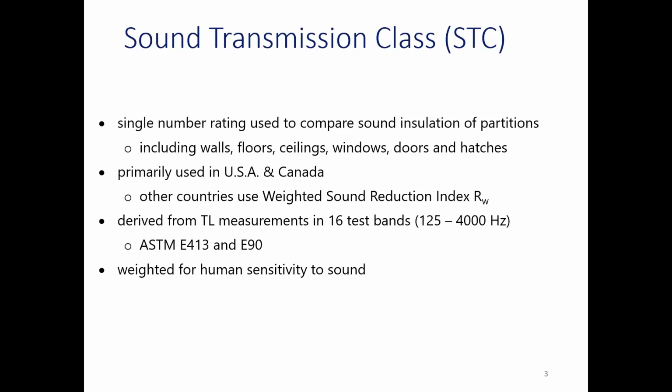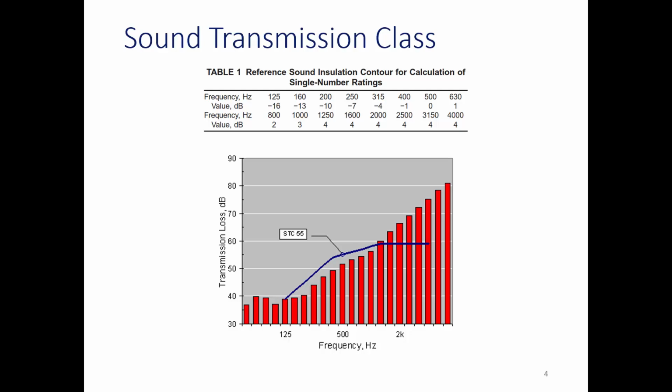There are a couple standards that are followed to measure this. I'll probably post those in supplemental materials so you can see them if you want. Then, last thing, it's weighted for human sensitivity to sound. We'll see that on this slide.